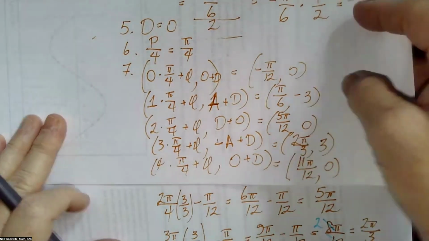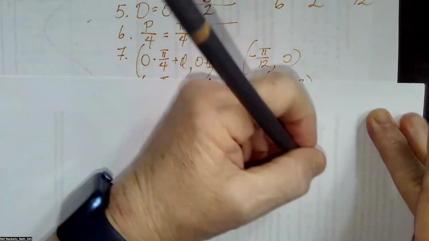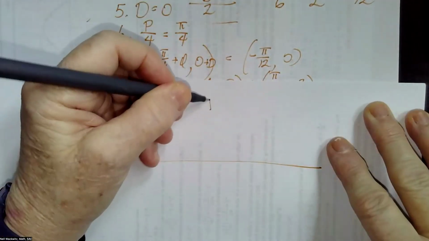So that gives us 5 points, but you're thinking to yourself, I didn't want to graph sine, I wanted to graph cosecant. Let's just give ourselves some axes, and those are not very good axes.